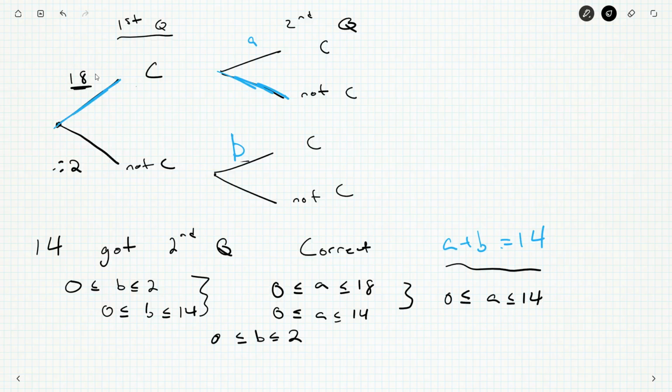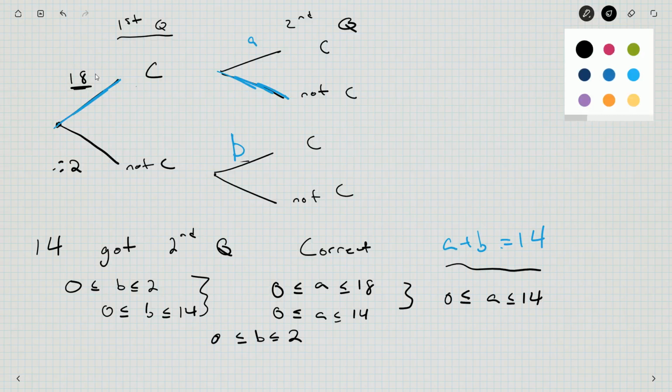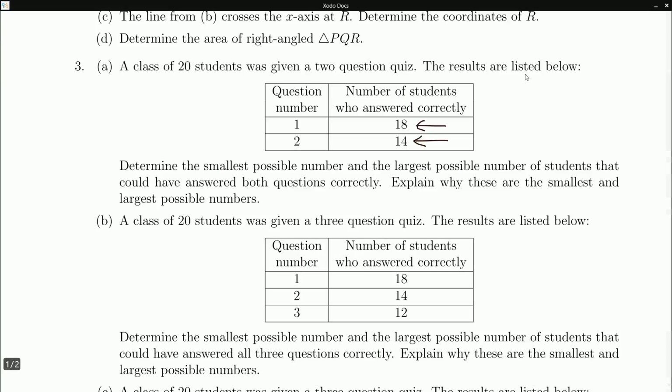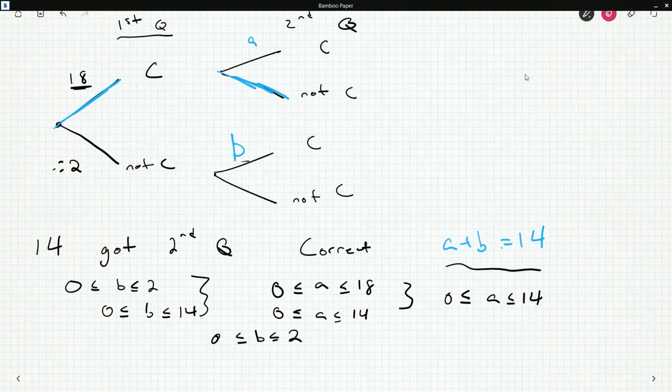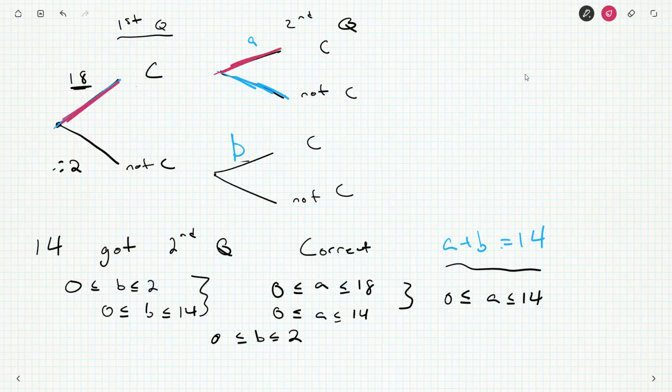So, filling in these numbers, let's identify what we're looking for. We want the smallest possible number and largest possible number of students who could have answered both questions correctly. So, where are the people who answered both questions correctly? A is the number who got both correct.